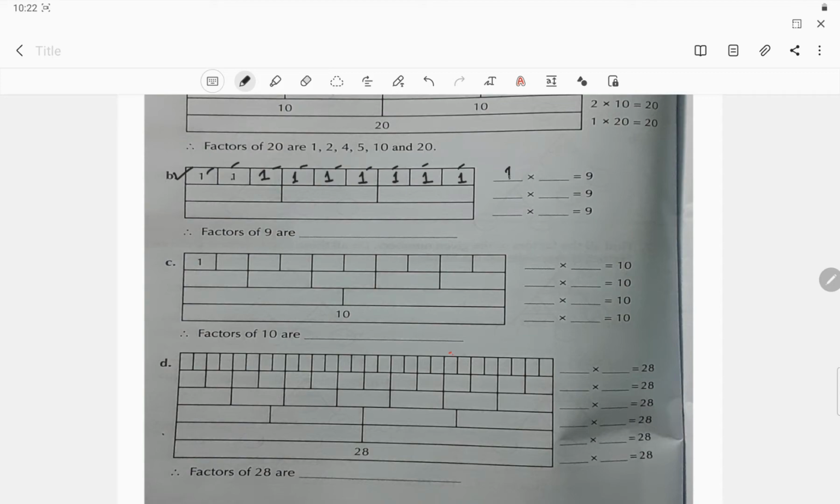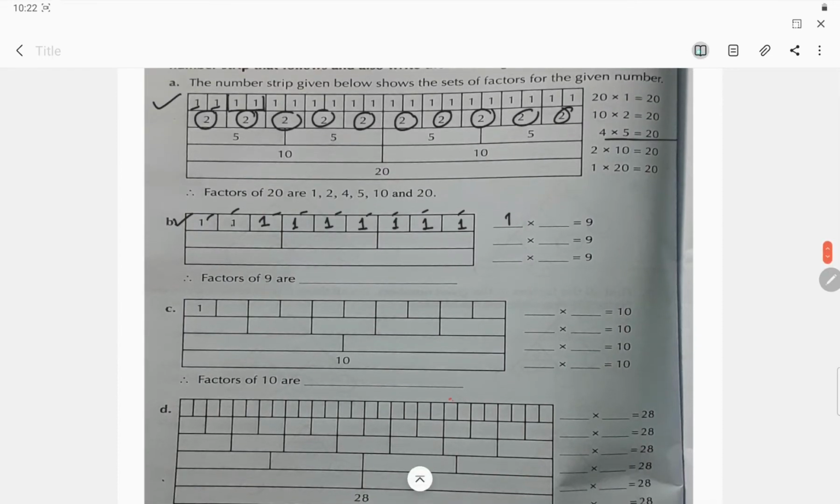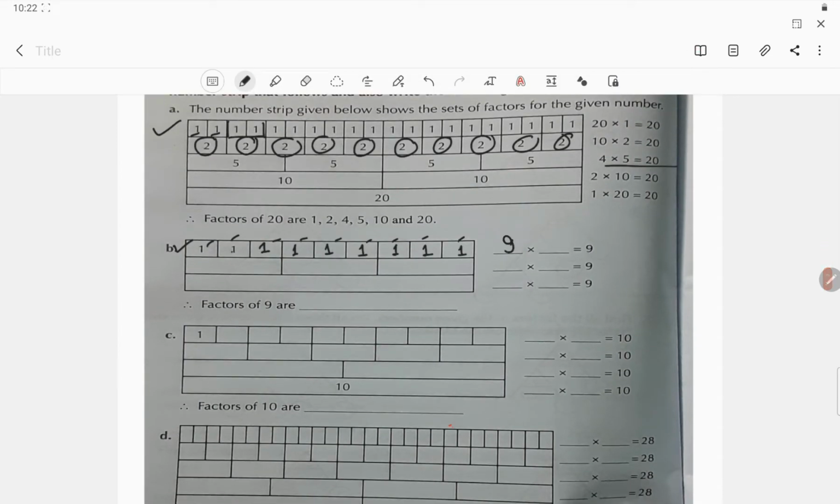So you have to write here 9 into 1. So you are getting 9. 9 ones are 9. Now, if you add them, these 3 1s, you will get 3. Similarly, if you do the same thing, you will get 3 3s.